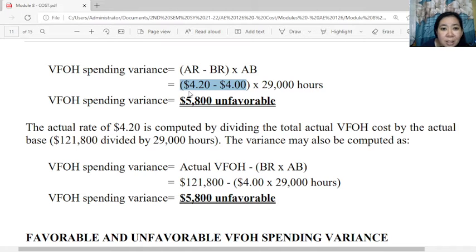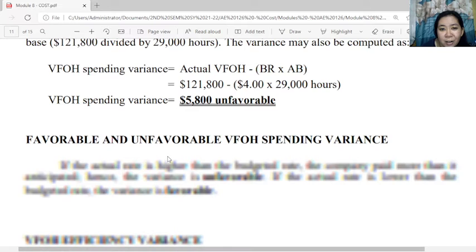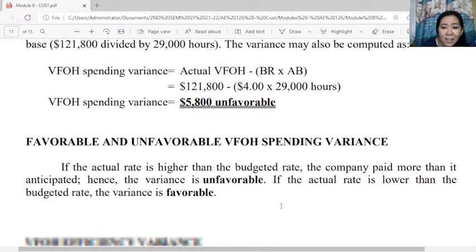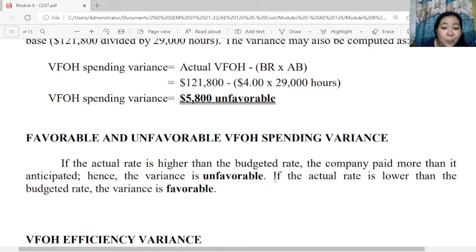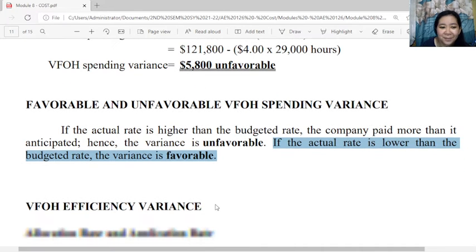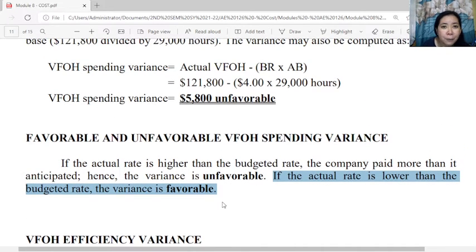So actual rate is greater than the budgeted or standard, and that makes this variance unfavorable. On the other hand, if the actual rate is lower than the budgeted rate, then your variance will be considered favorable. Okay, that's for variable factory overhead spending variance.